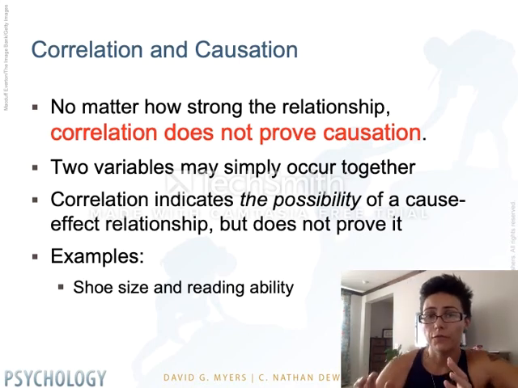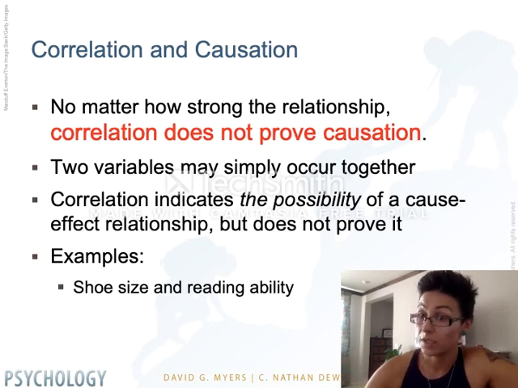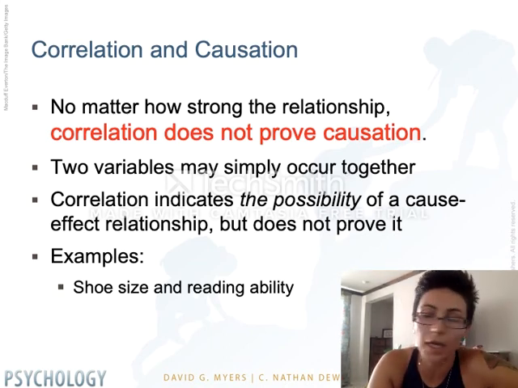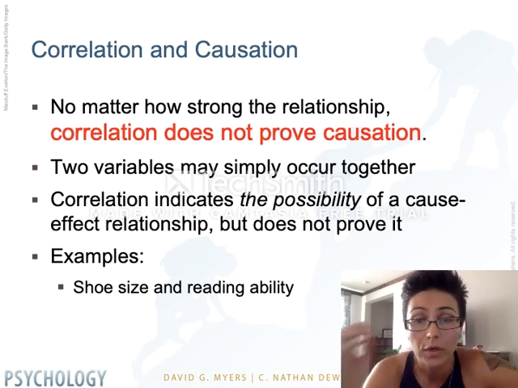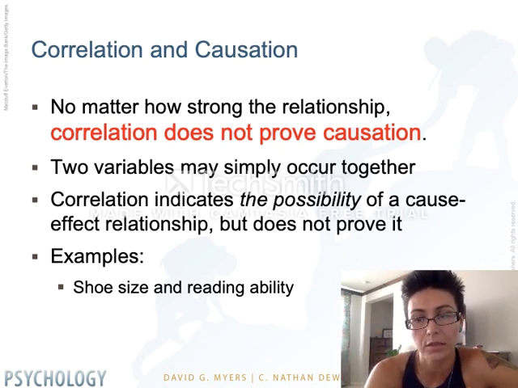Okay? If it's a correlation type situation, if I see a chicken, I know there's going to be an egg. If I see an egg, I know there's going to be a chicken. But which came first, I don't know. I cannot determine whether the chicken caused the egg or the egg caused the chicken. Okay? So remember that correlation does not prove causation. This is what this means. Correlation does not prove causation.